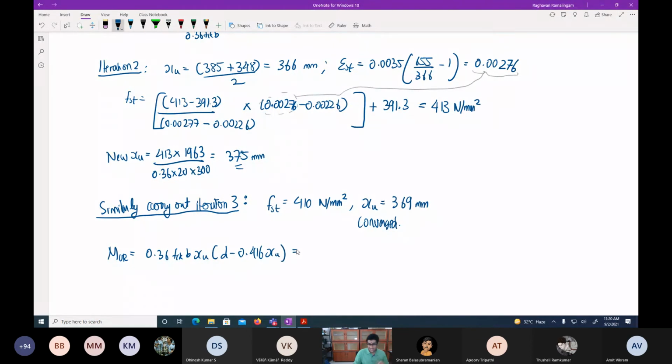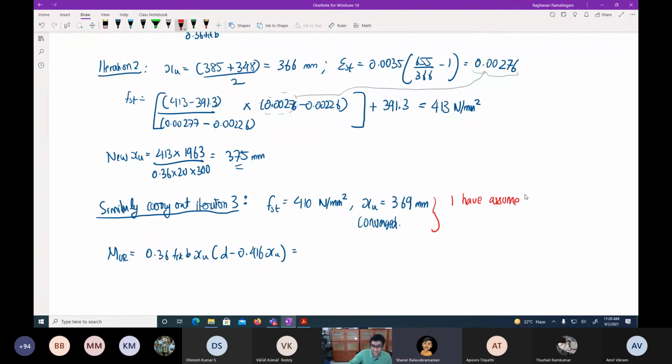So the problem is almost over. Just carry out this. Tell me what is MUR. Sir, can we also use FST into AST, sir?